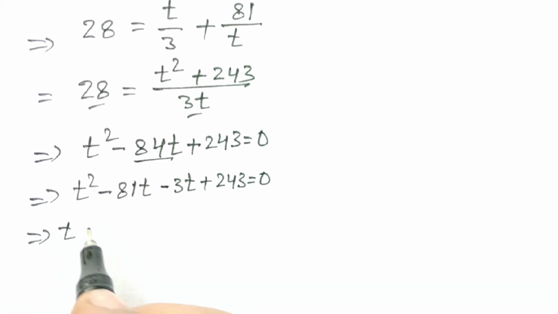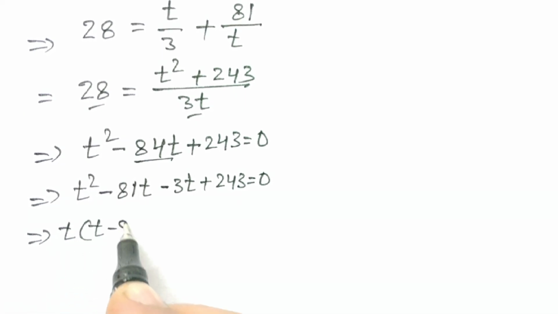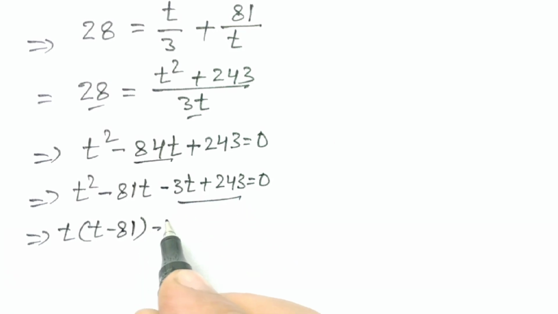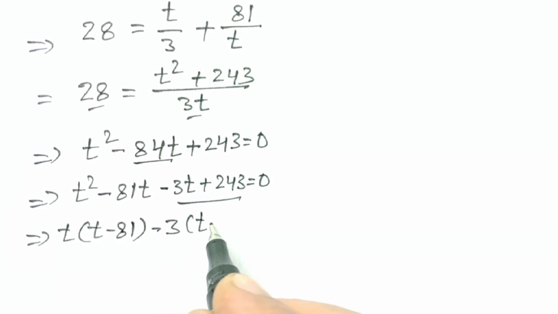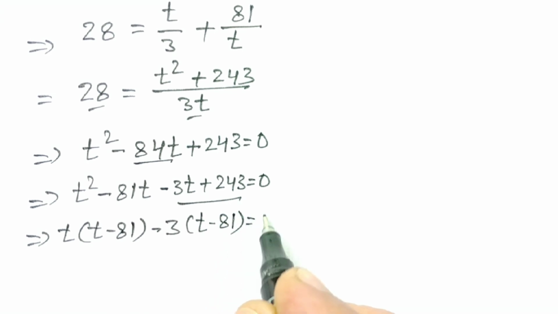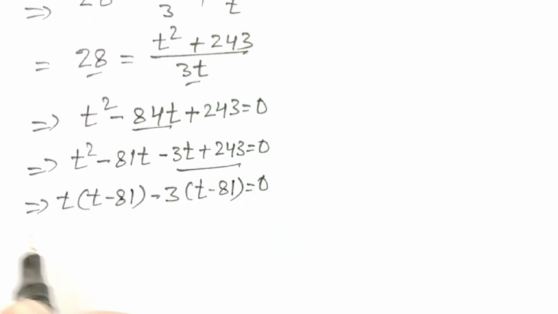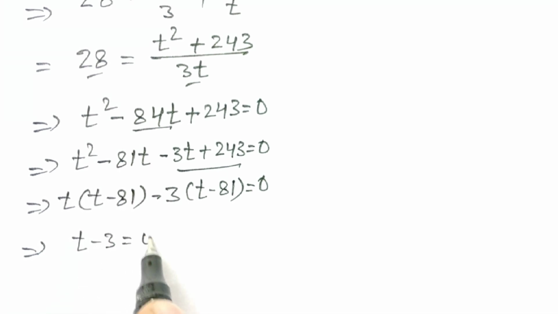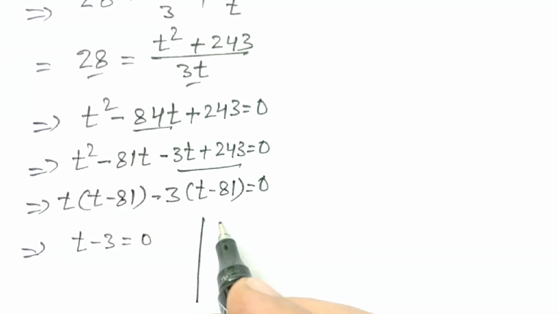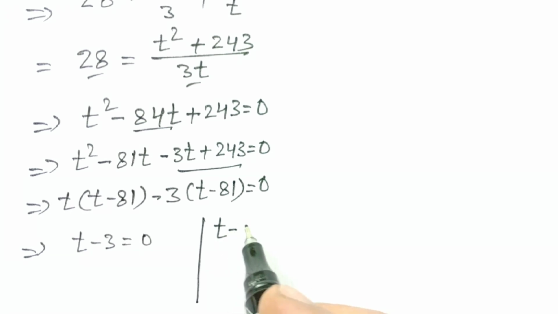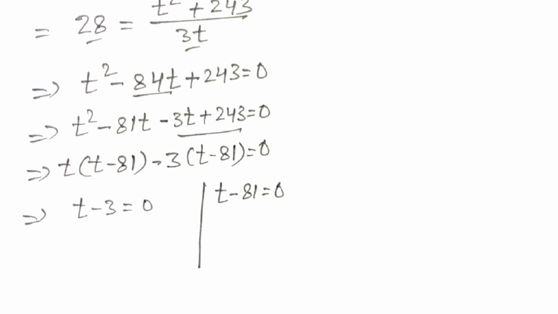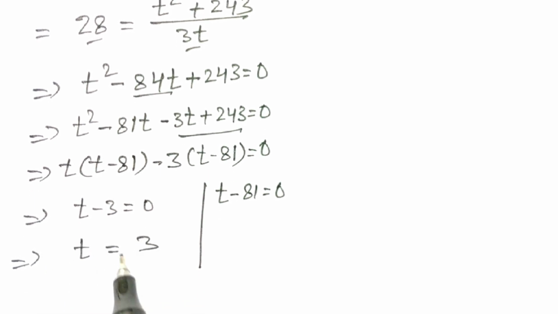Now t is common, so t minus 81, and 3 is common, so t minus 81 is equal to 0. So we have two cases: t minus 3 is equal to 0 and t minus 81 is equal to 0. So t is equal to 3.